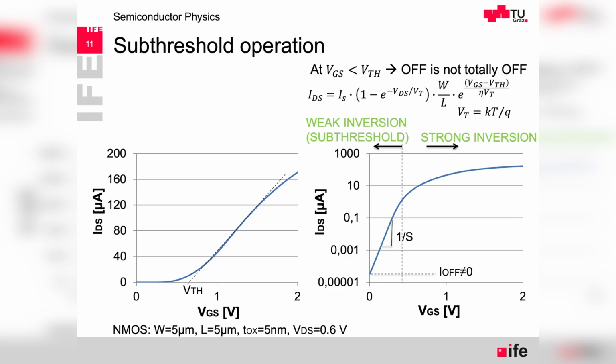And of course, there will be not just 1 million inverters, there will be other gates, so the calculation might be more complex. There might be much bigger systems than that. So it might come to a very large static current consumption if we don't take care to minimize it.